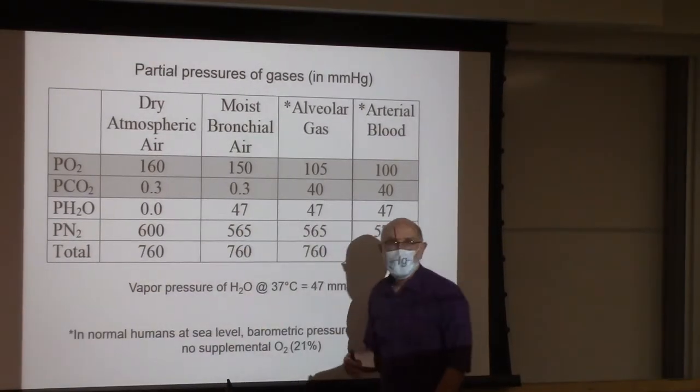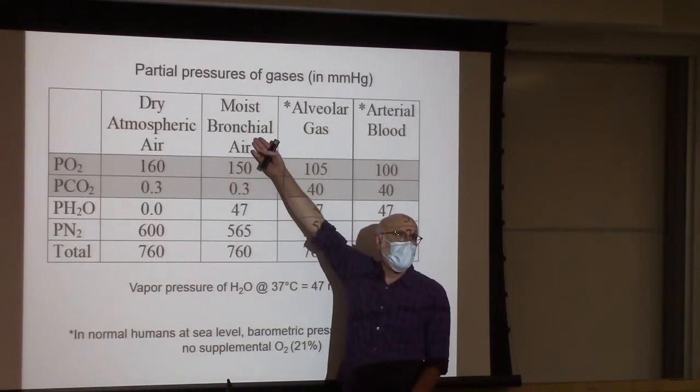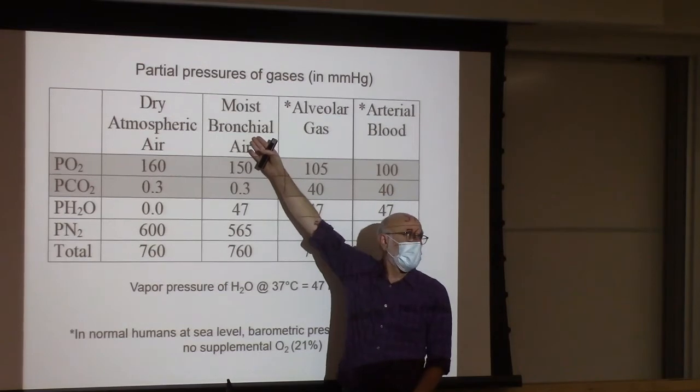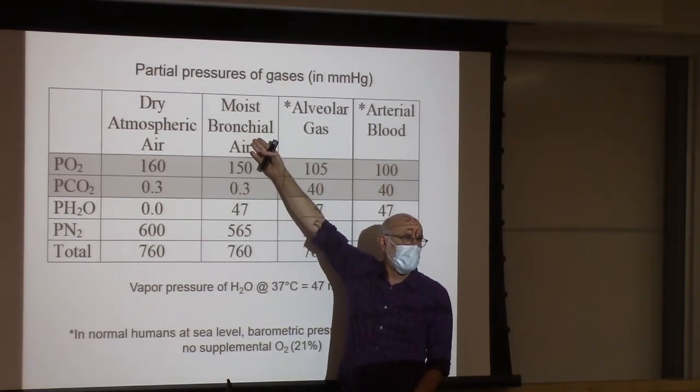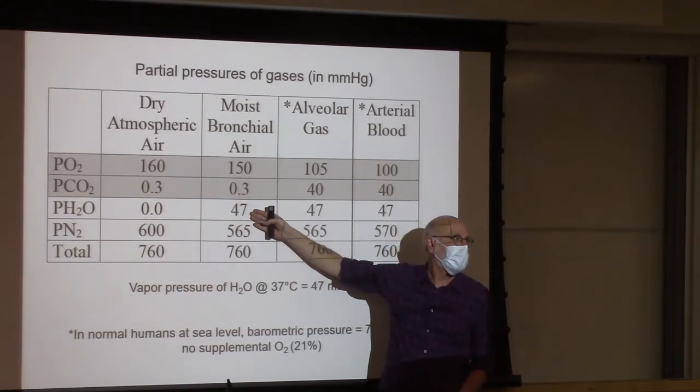Now it gets a little bit more confusing, but not much. When you breathe in dry air, you moisturize it, right? Some of the water in mucus evaporates, and that adds water vapor to the gases that you're inhaling, that get into your alveoli.